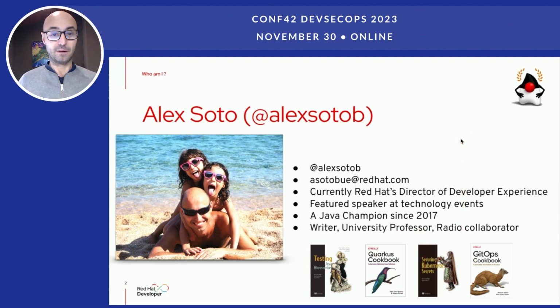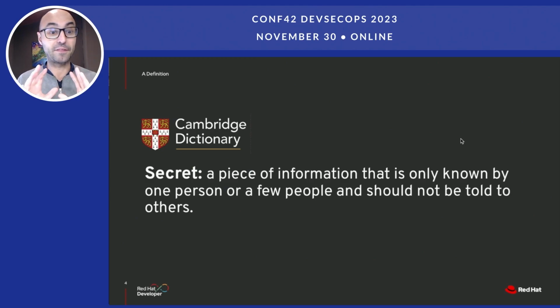Okay, so let's start. First of all, a definition. What is a secret? A secret is a piece of information that is only known by one person or a few people and should not be told to others. That's the Cambridge Dictionary definition. Basically, today we're going to talk about the secrets that need to be managed by our application, not the secrets of our users.